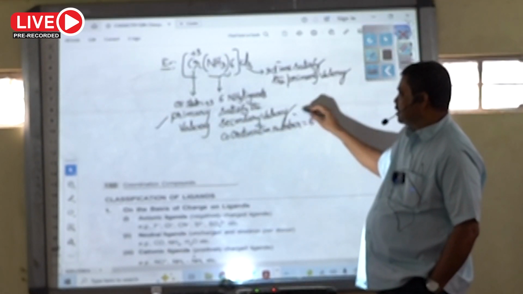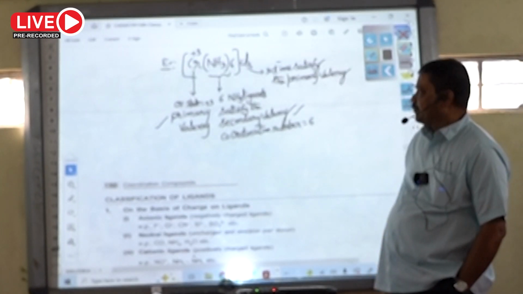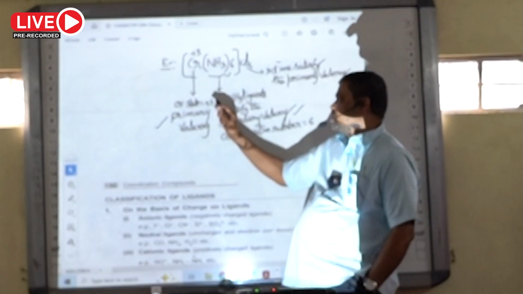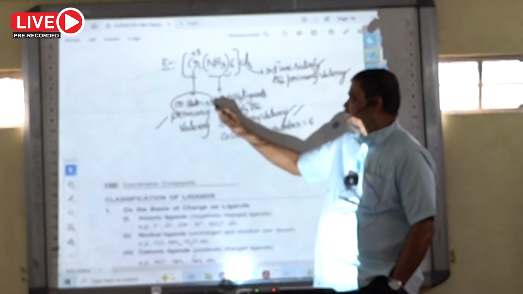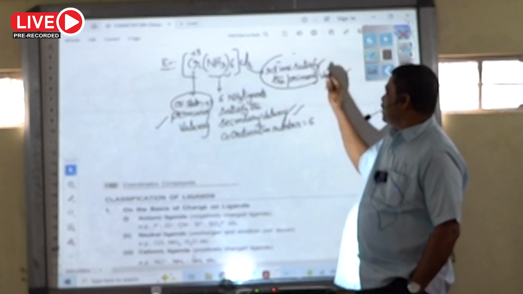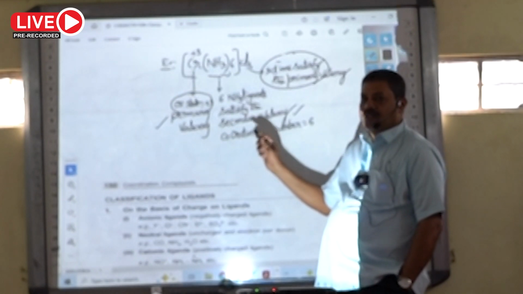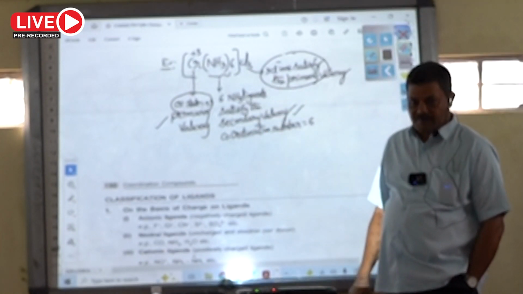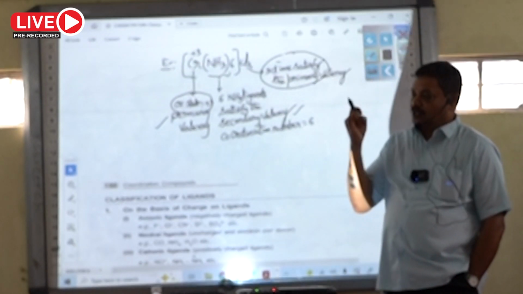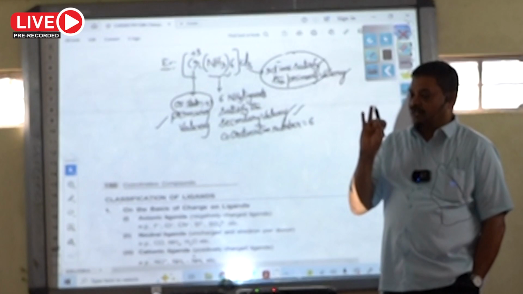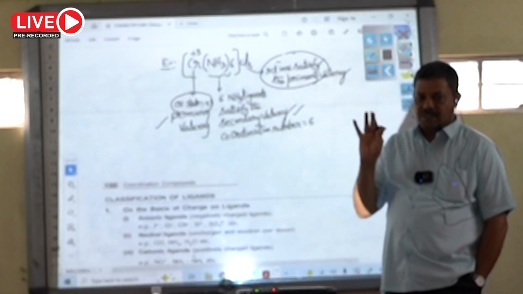What are those? Primary valency and secondary valency. Primary valency corresponds to the oxidation state and is always satisfied by negative ions. Secondary valency corresponds to the coordination number. It can be satisfied with either neutral molecules or negative ions, or rarely by positive ions.